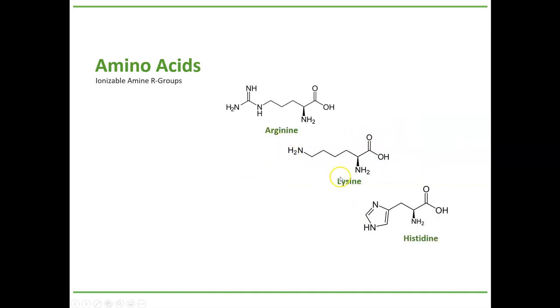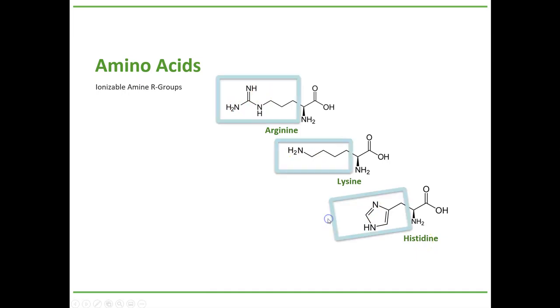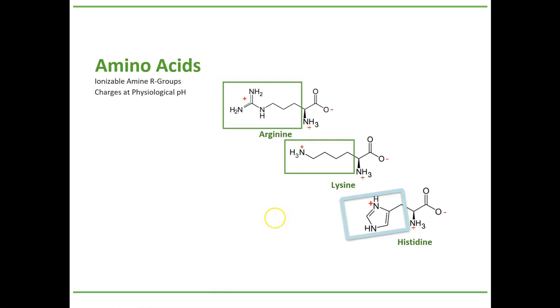We have arginine, lysine, and histidine, and these are ionizable amine side chain groups. If we look at those side chains in blue again, under physiological conditions we're going to have positive charges on all of those groups. So arginine, lysine, and histidine can all get charged under normal physiological conditions.